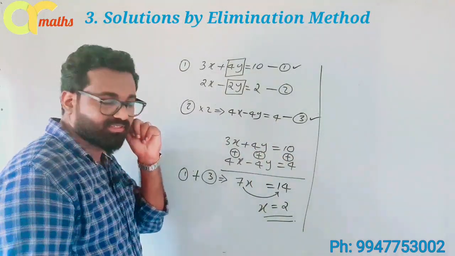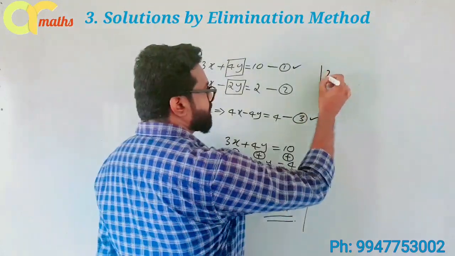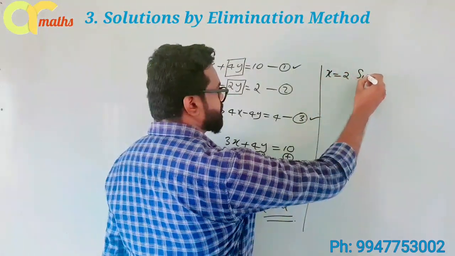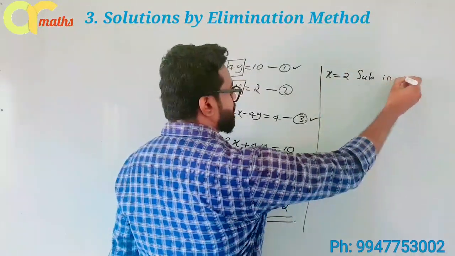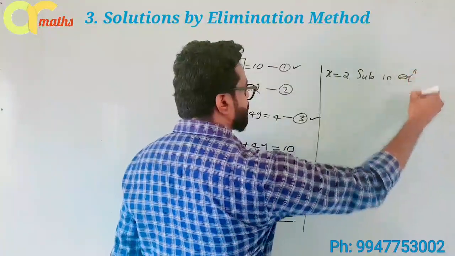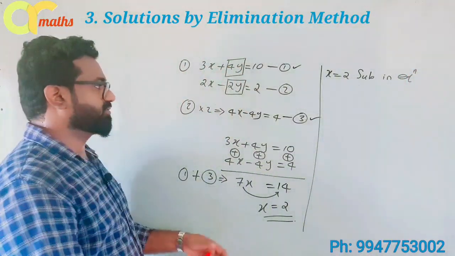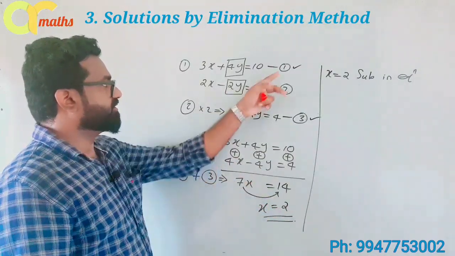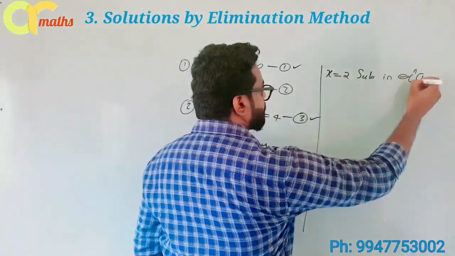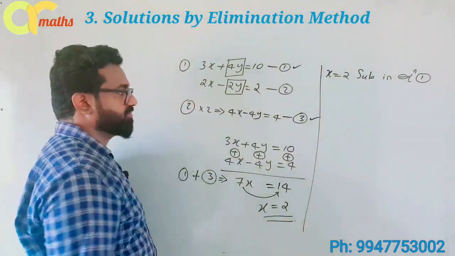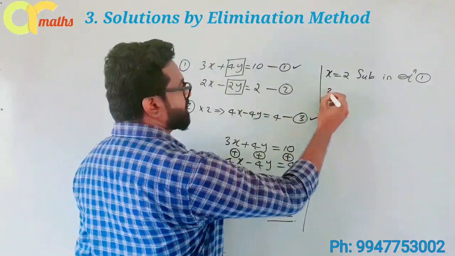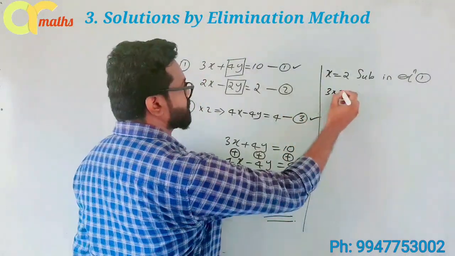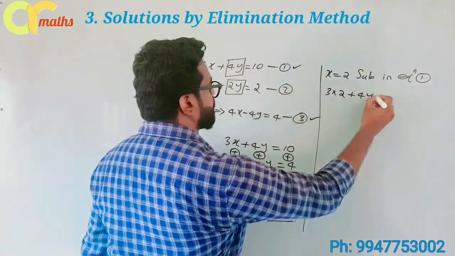By substitution method. x equal to 2, substitute in equation 1, 2, or 3. You can substitute in any equation. I am substituting in the first equation, equation 1. So 3 into 2 plus 4y equal to 10.